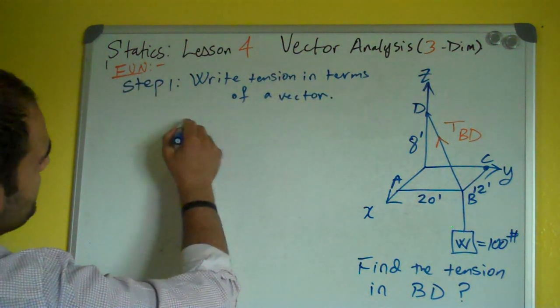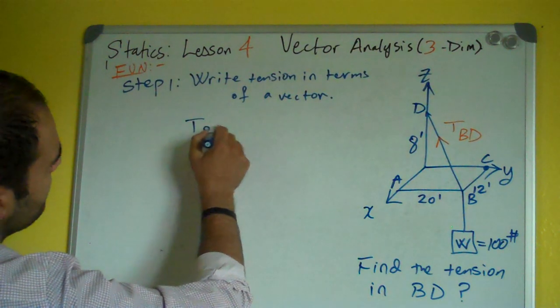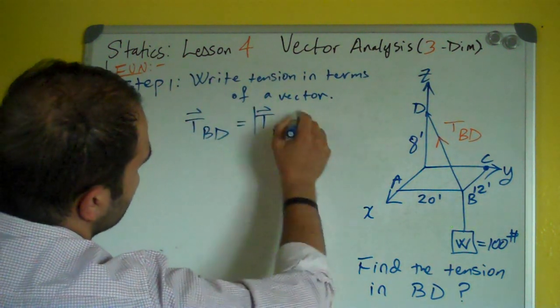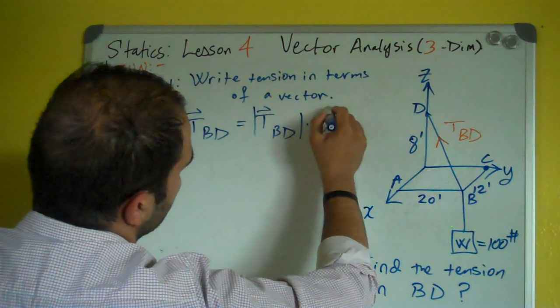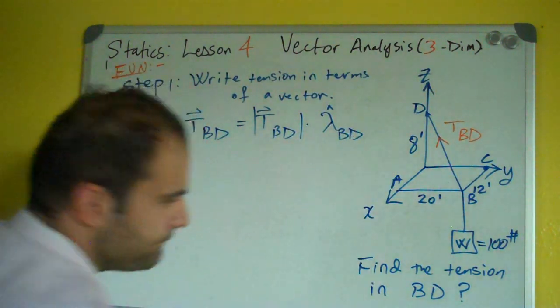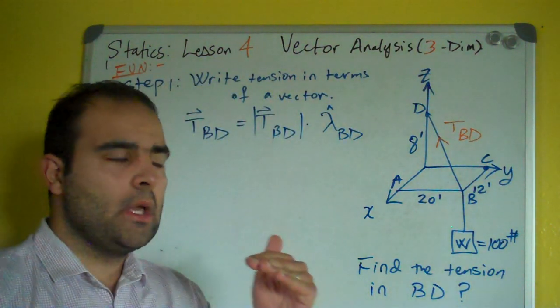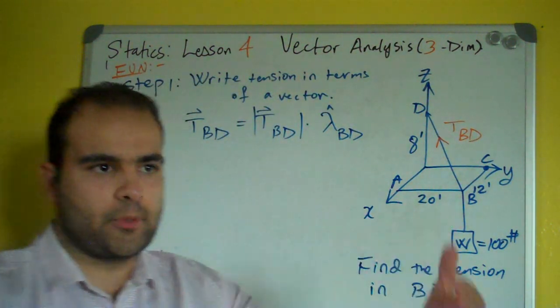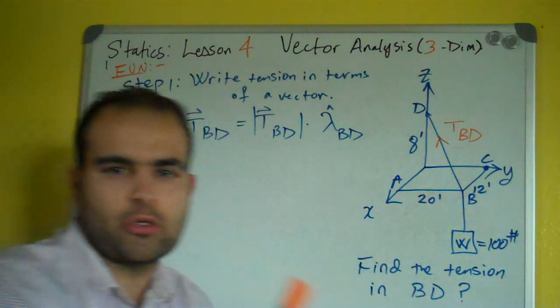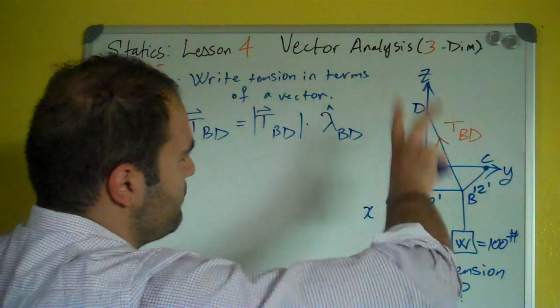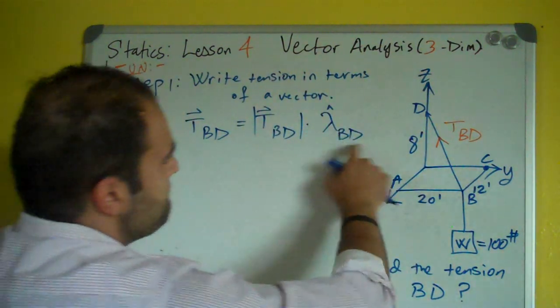Meaning TBD is TBD times lambda BD. So we're trying to eliminate all that headache, projection, and imagination, and being really creative, and just follow the procedure. Lambda method, I call it.